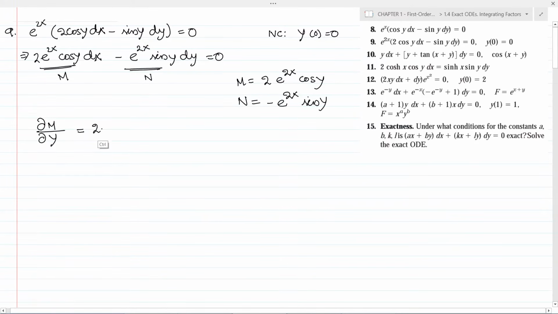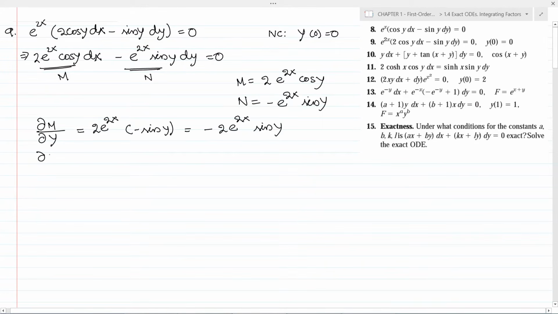So, the 2 e to the power 2x term comes out of the derivative, and the derivative of cos y with respect to y is minus sin y. So, this is equal to minus 2 e to the power 2x sin y.